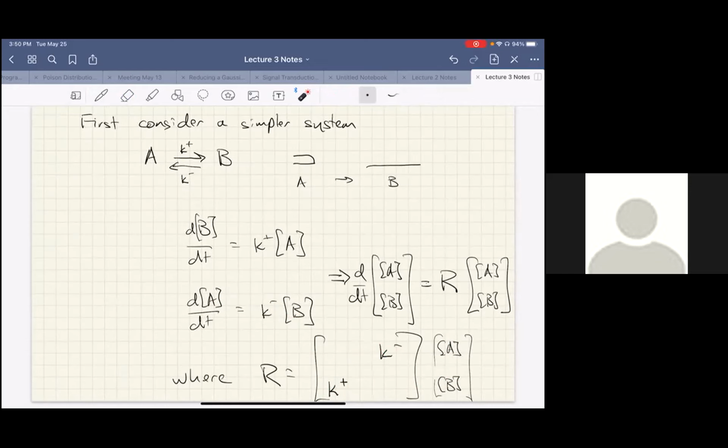One feature of these rate matrices is that these diagonal elements have to make the columns sum to 0. And that's what I mentioned a second ago.